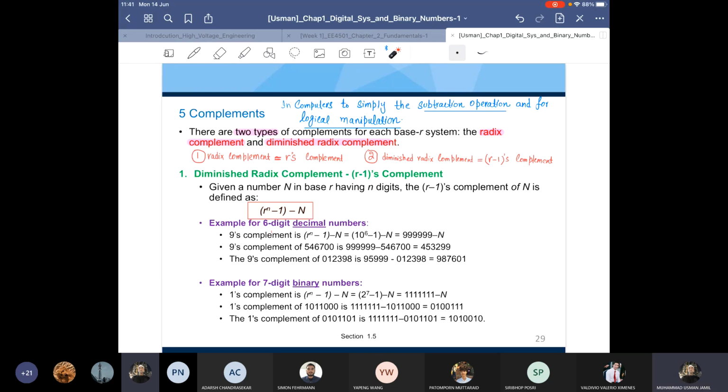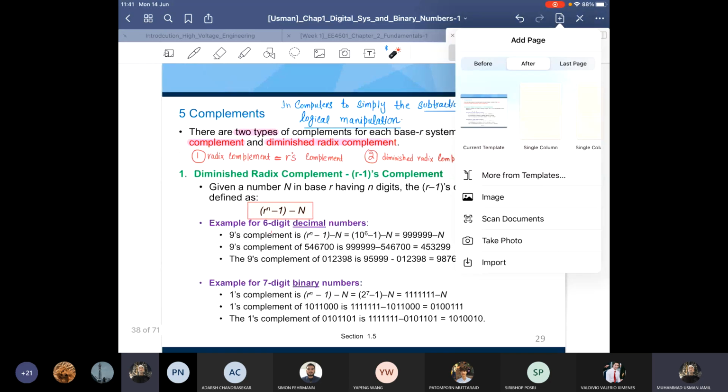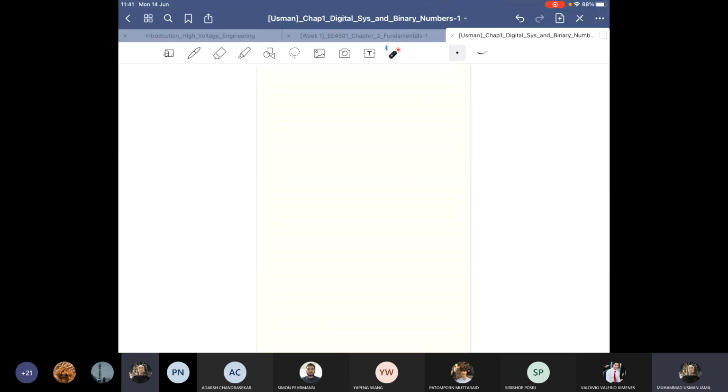Now we can take an example for this one. I can solve the example here.